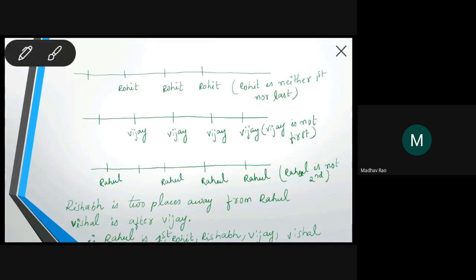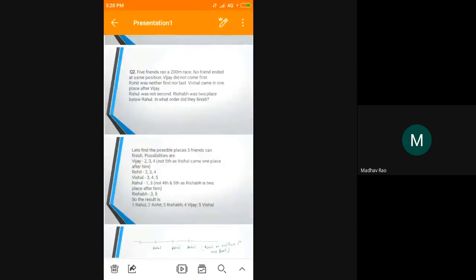The second place will be occupied by Rohit, and the last place by Vishal, since he is followed by Vijay. In this way, using logical thinking, they can solve the problem. Thank you very much.